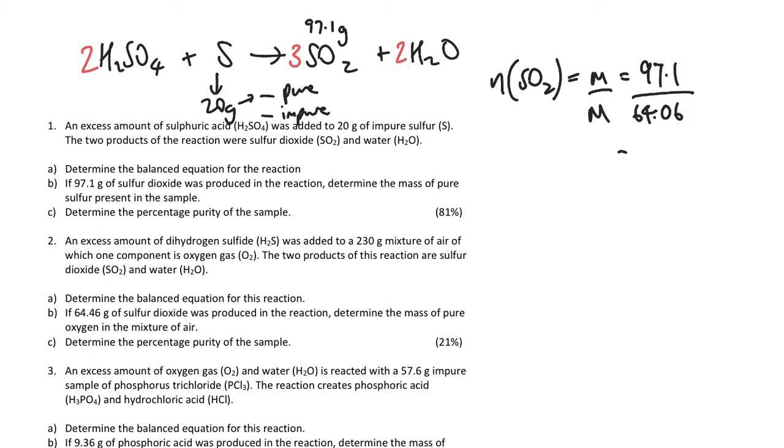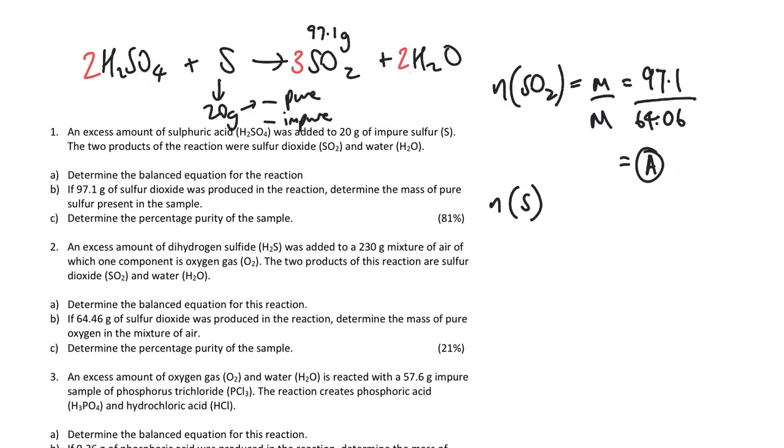Okay, and that gets me a number. We'll call that A. Ideally you should be remembering how to save numbers in your calculator, and you should save it as A because A is first. So I have the number of moles of sulfur dioxide. What should I look for next? The number of moles of sulfur. Good.